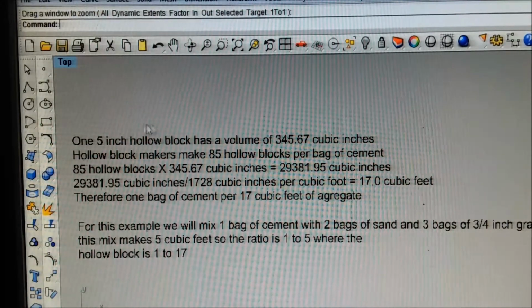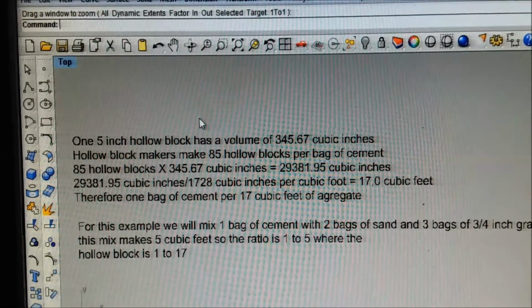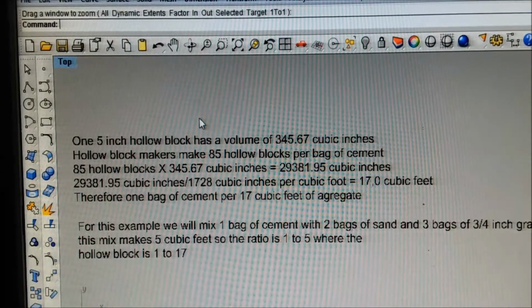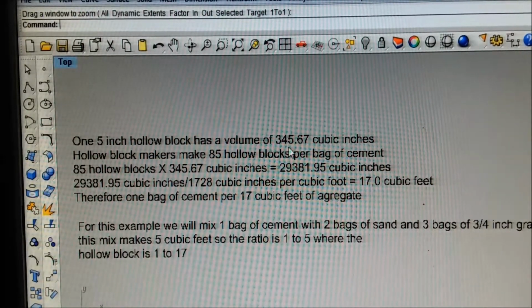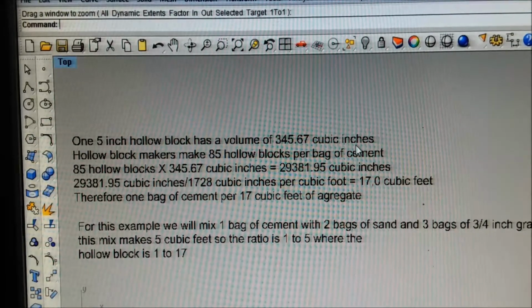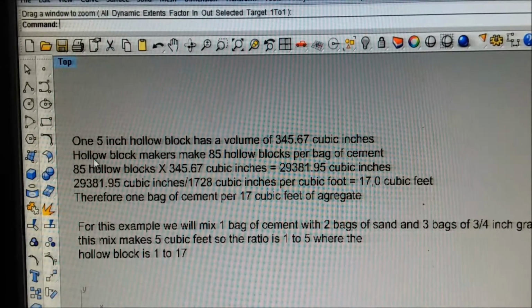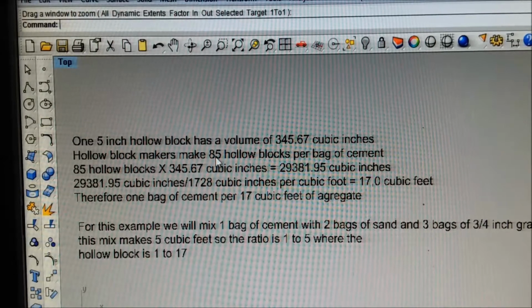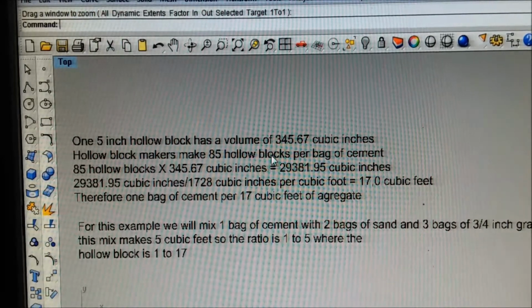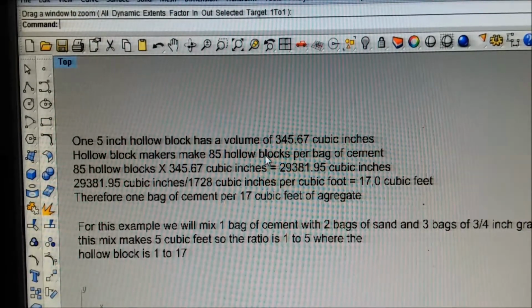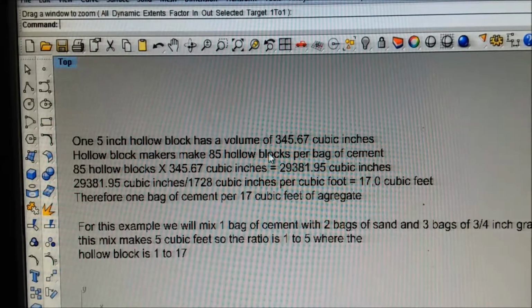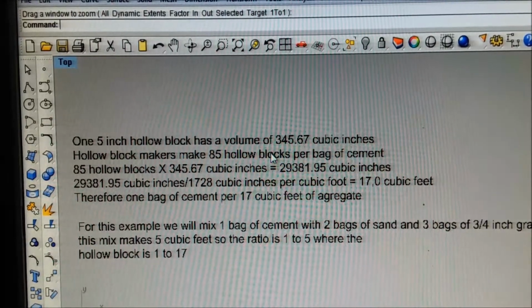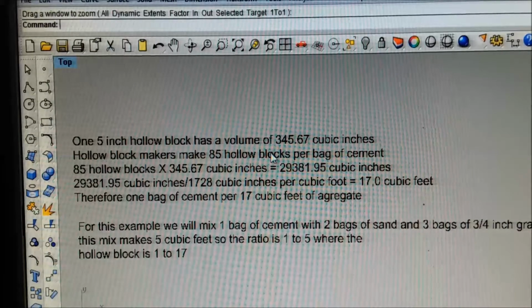This is the math for figuring out how many cubic inches of the wall is actually hollow block. One 5-inch hollow block has a volume of 345.67 cubic inches. Hollow block makers make 85 hollow blocks per bag of cement. I got a guy that works for me that used to make hollow blocks, and he always brags how he can make 92 out of a bag of cement.